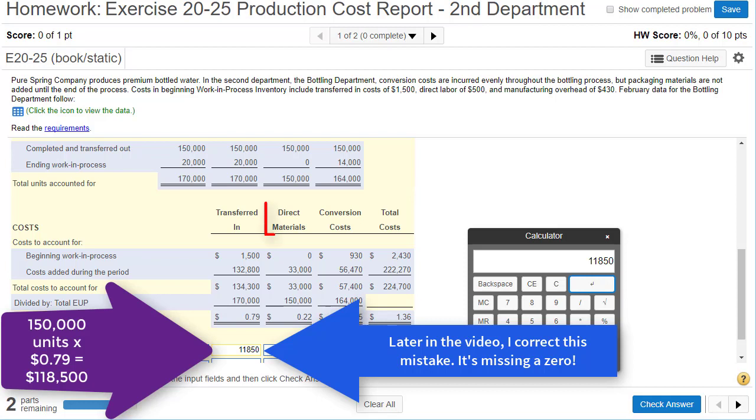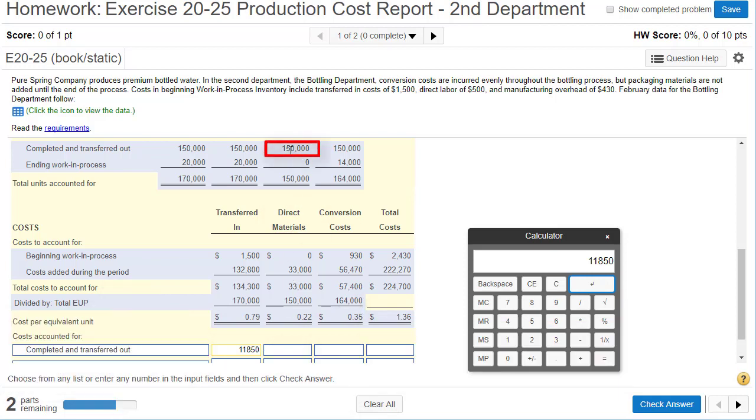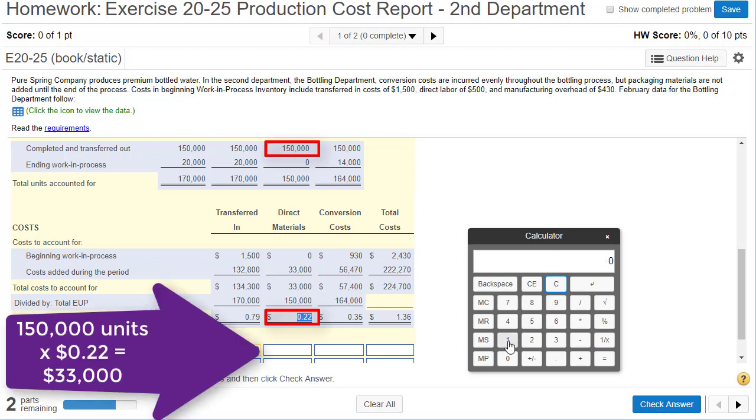And then for our direct materials, we're going to take 150,000 times 22 cents, 0.22, which gives us 33,000.